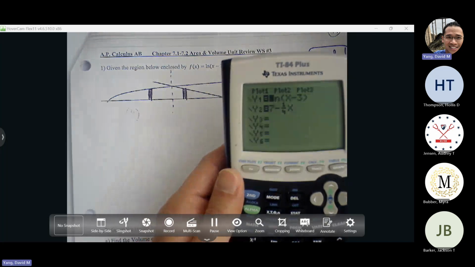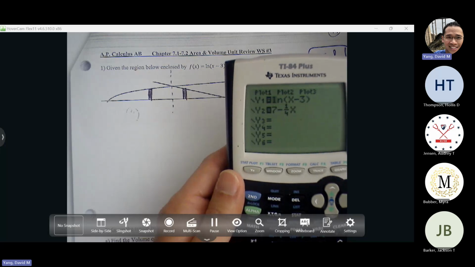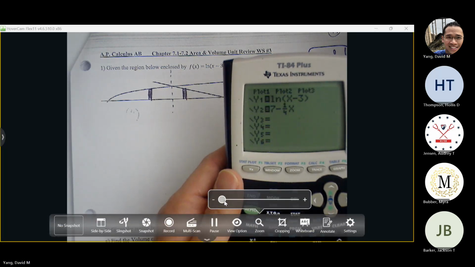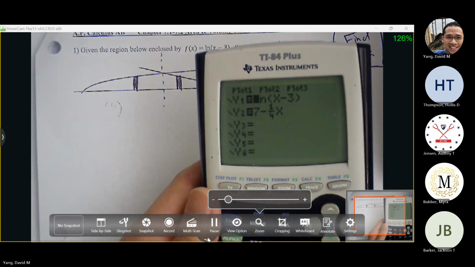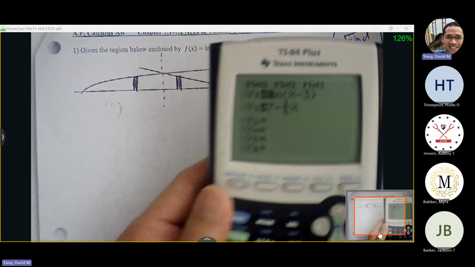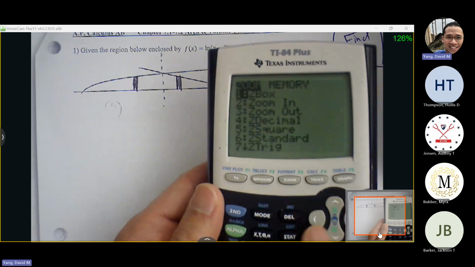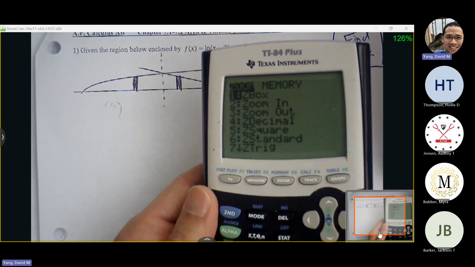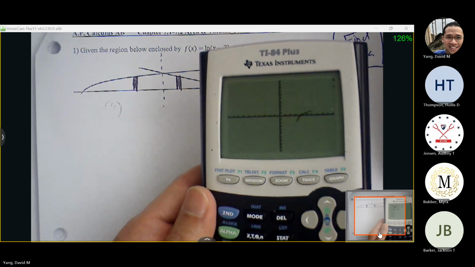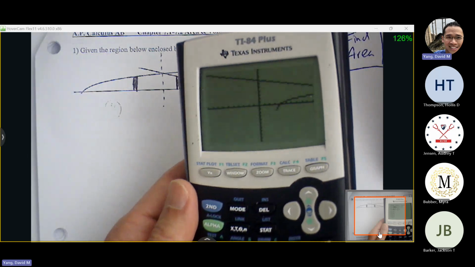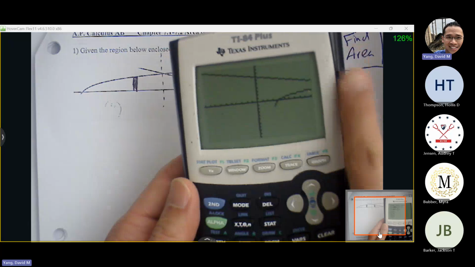Okay, so I have under y1 natural log of x minus 3. Y2, I have 7 minus 1/4 x. I'm going to just do zoom 6 just to see where that graph looks. And in a 10 by 10 window, it looks like my graph is going to be over here on the right side.